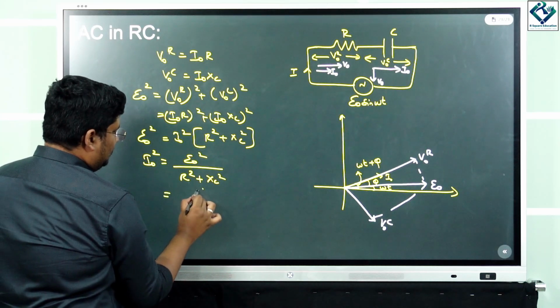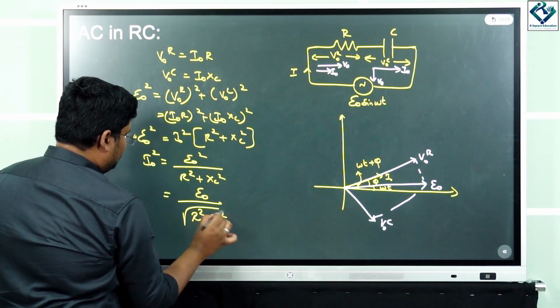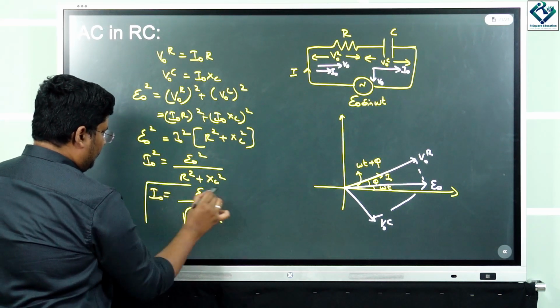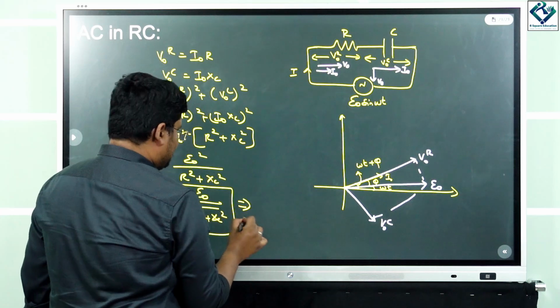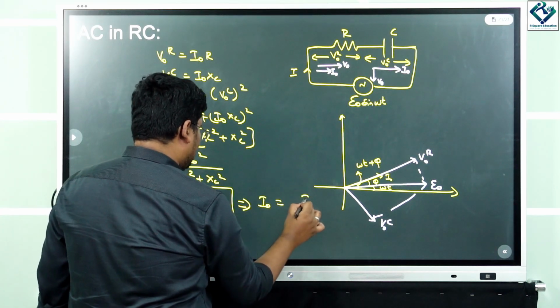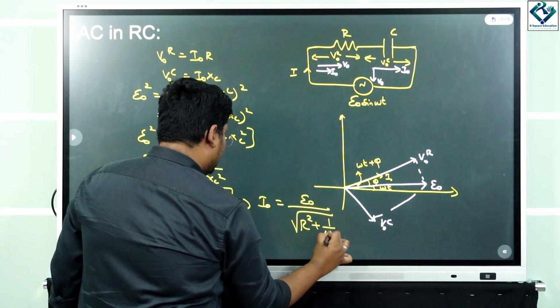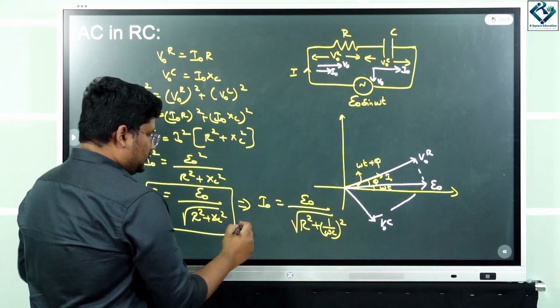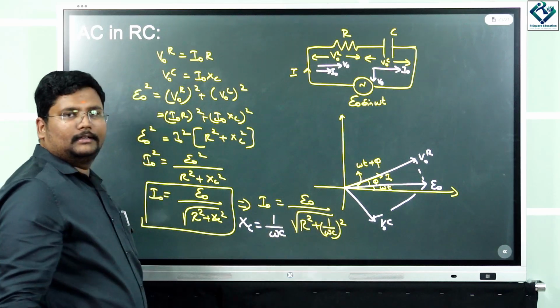So you will have I naught equal to E naught divided by root of R square plus XC square. Also you can replace this: I naught is equal to E naught divided by root of R square plus 1 by omega C the whole square, since you know XC is equal to 1 by omega C. So you get that equation.